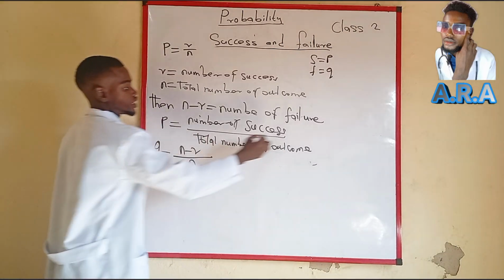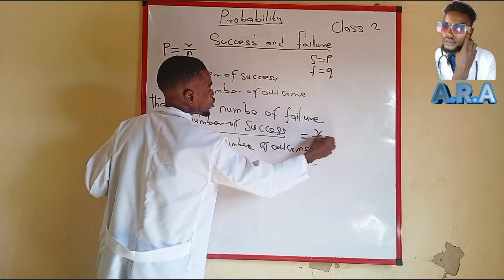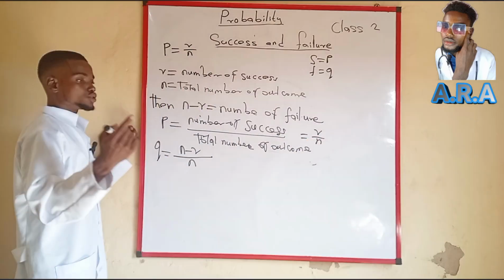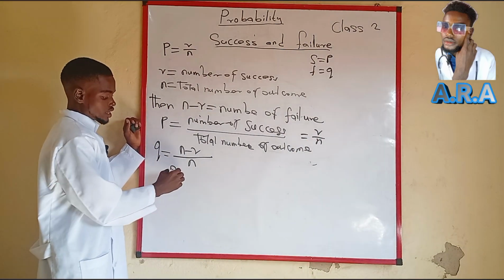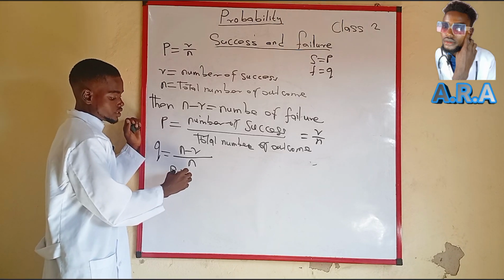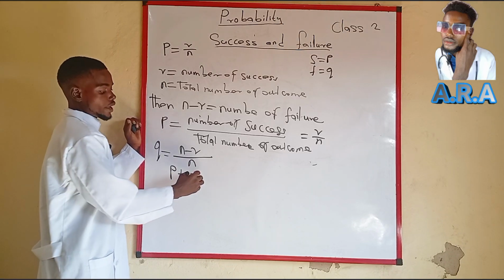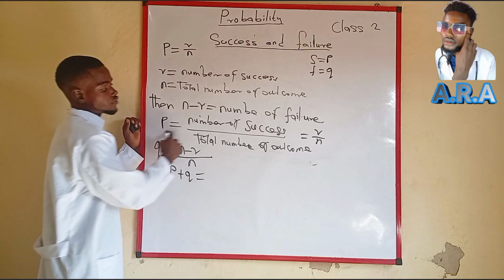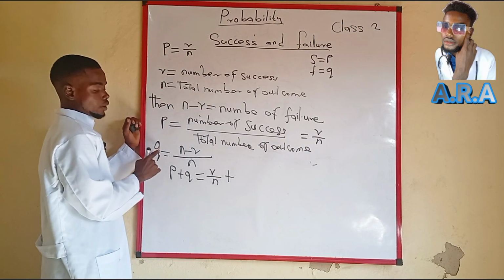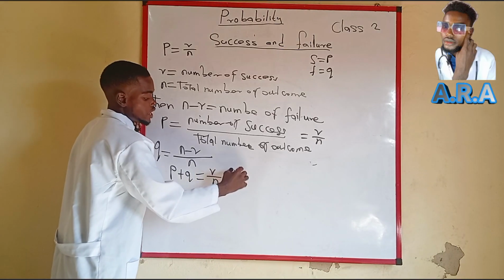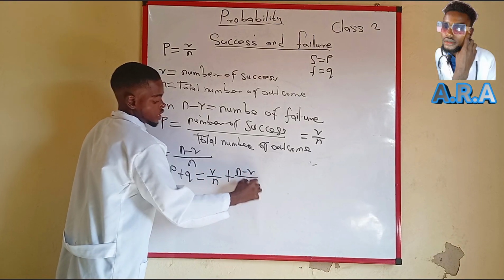Why is the probability of success R over N? Now, what I'm going to do here, I'll try to add the probability of success to the probability of failure. If I do this, I'm going to have the probability of success as R over N plus the probability of failure as N minus R all over N.